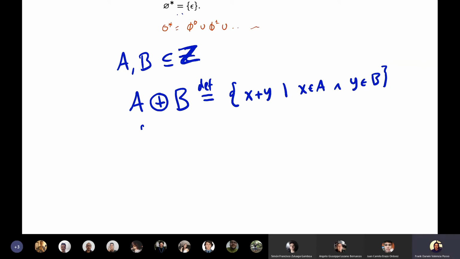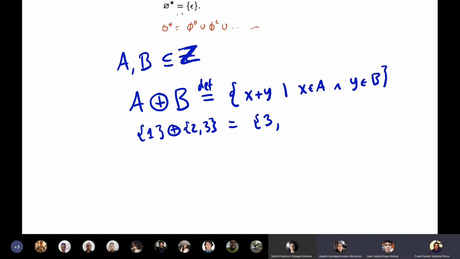So for example, what is this set equal to? Simón? 3, 3.